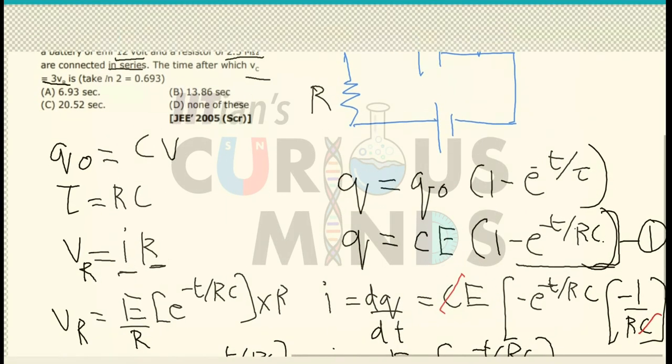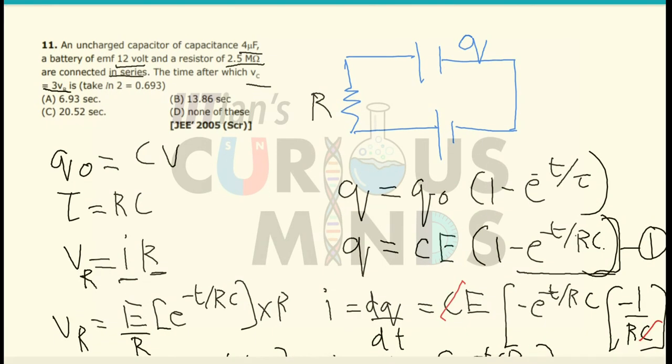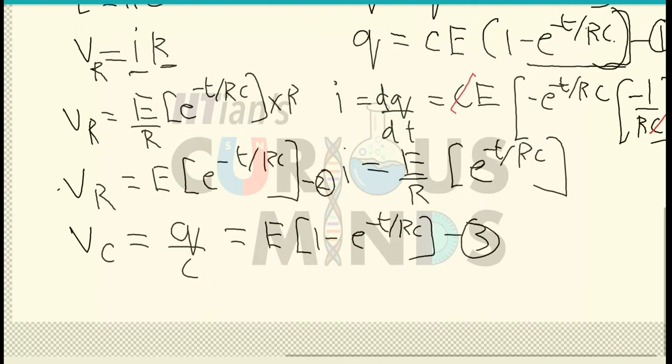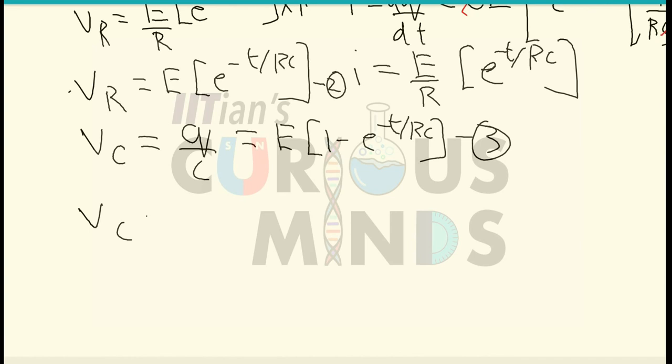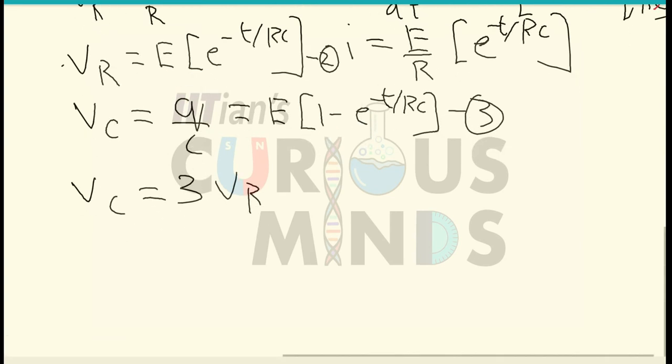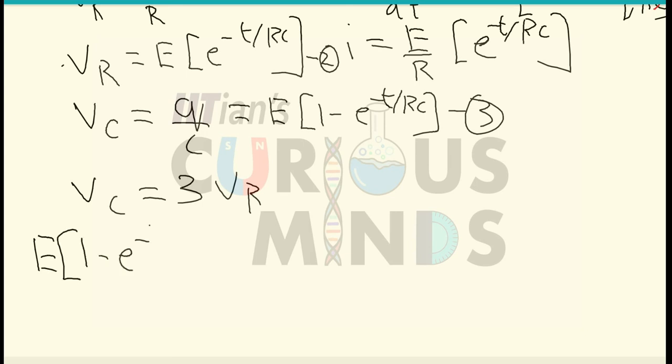Now in the question it is given that the voltage developed across the capacitor is 3 times the voltage developed across the resistor. So E into 1 minus e raised to minus t by RC is equal to 3 times the voltage across the resistor, which is 3E into e raised to minus t divided by RC.